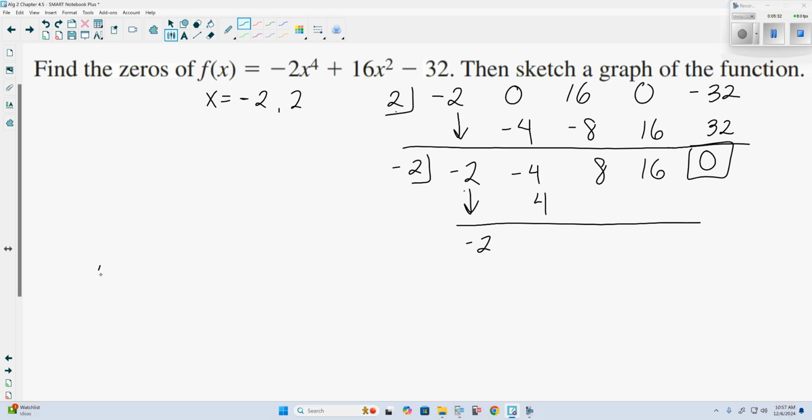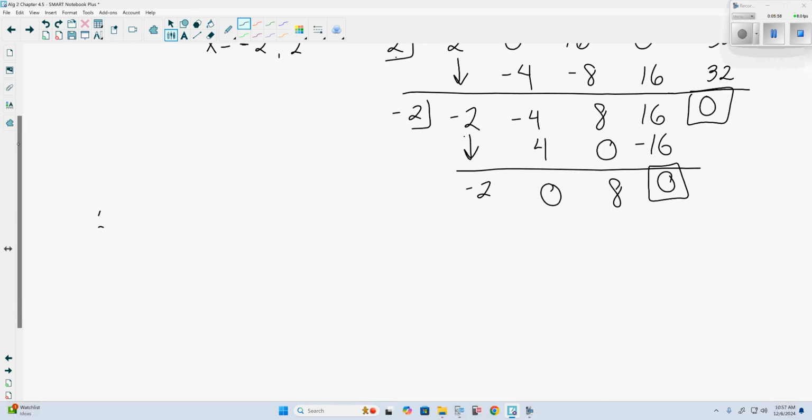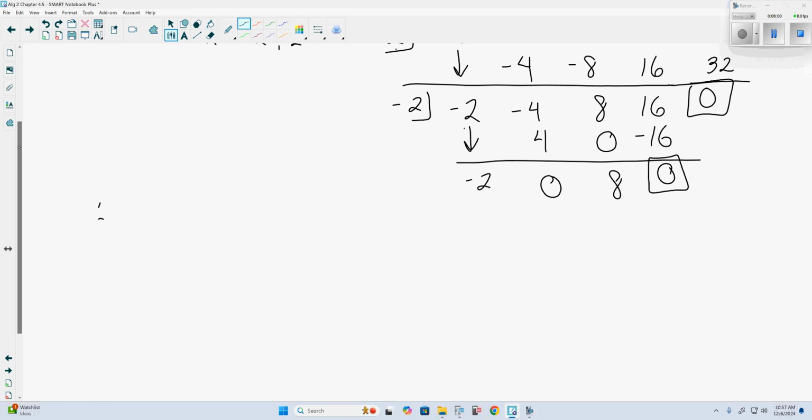Negative 4 plus 4 is 0. Negative 2 times 0 is 0. 8 plus 0 is 8. Negative 2 times 8 is negative 16. And 16 plus negative 16 is indeed 0. So we had 2 solutions. We did synthetic division twice, and we got 0 twice. So it has confirmed that those are the solutions.